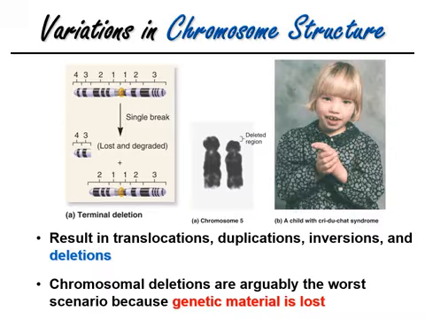Cri du chat, if you speak French, then you know that this means cry of the cat, and that's because when the baby is born, it makes a very shrill sound, like a cat in pain. It does not sound like a normal baby, and that's because you need this section of chromosome 5 for proper larynx development, vocal cord development, and also for cognition.